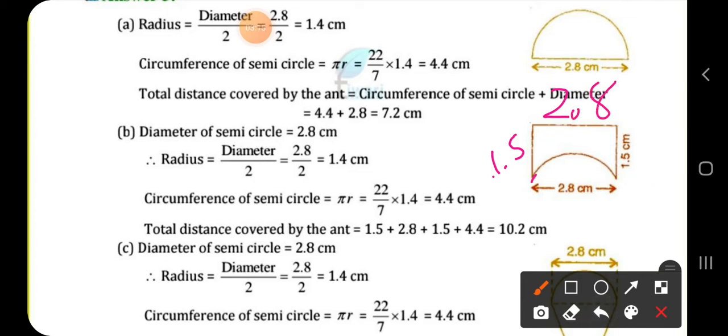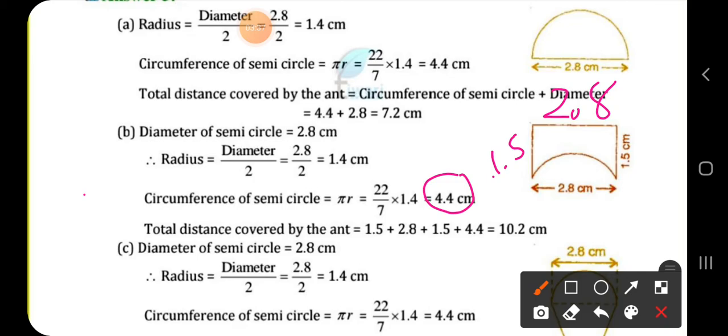Now here a semicircle is there, so you have to find out the circumference of the semicircle, that is pi r. Pi is equal to 22 by 7, where r is equal to half of it, because we can consider this as a diameter. So half of 2.8 is 1.4.